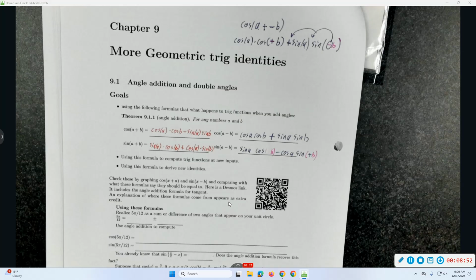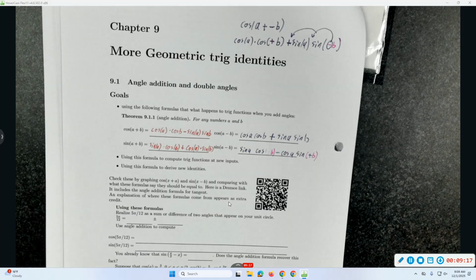Feel pretty good? Nice. Groovy. And I have space on the board for tangent. We'll get to that by the end of today.